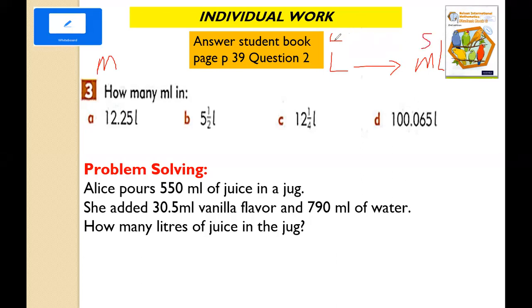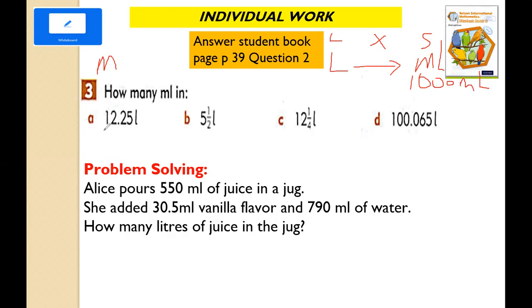When we are converting from larger to smaller, what do we do? Yes, we are going to multiply. Since 1 liter is equal to 1,000 ml, you're going to multiply by 1,000. Pause your video, then answer.